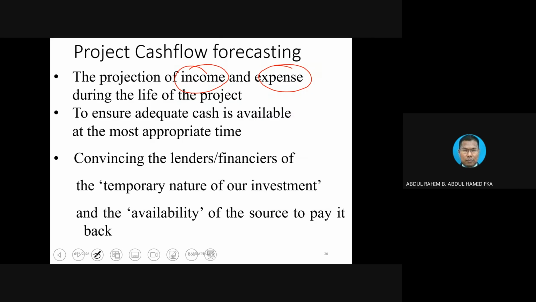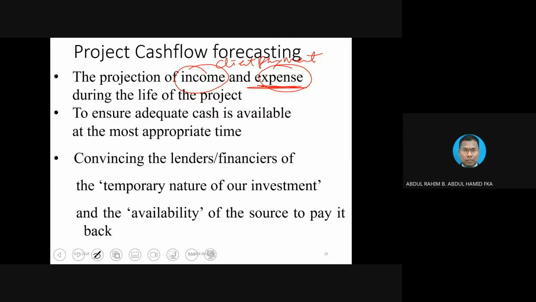Where does the contractor's income come from? Well, contractor income comes from only one source: payment from the client. If the contractor does not get payment, there will be a problem. Why? Because the contractor is going to expense, meaning buy things, non-stop.